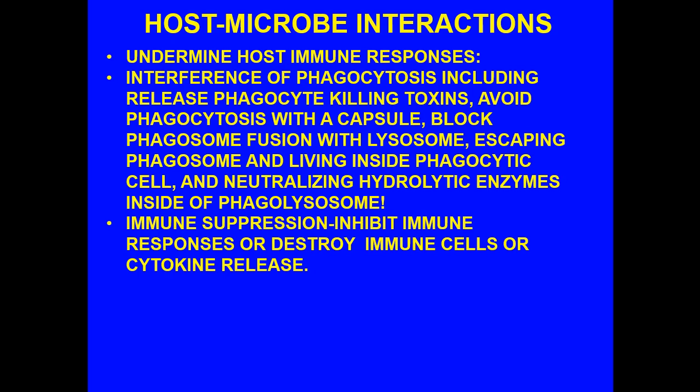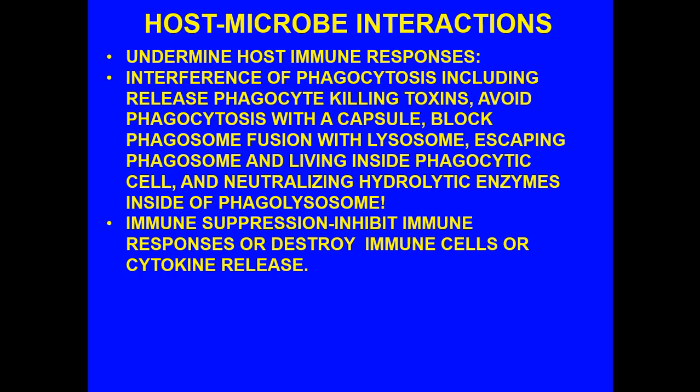Now, there are other ways to undermine host immune responses. Interference of phagocytes, including the release of phagocyte-killing toxins. Avoiding phagocytosis with a capsule. Basically, the capsule prevents it from either being brought inside or broken down once it's inside. It'll block the phagosome fusion with the lysosome. Remember, the lysosome is that small vacuole with digestive enzymes.